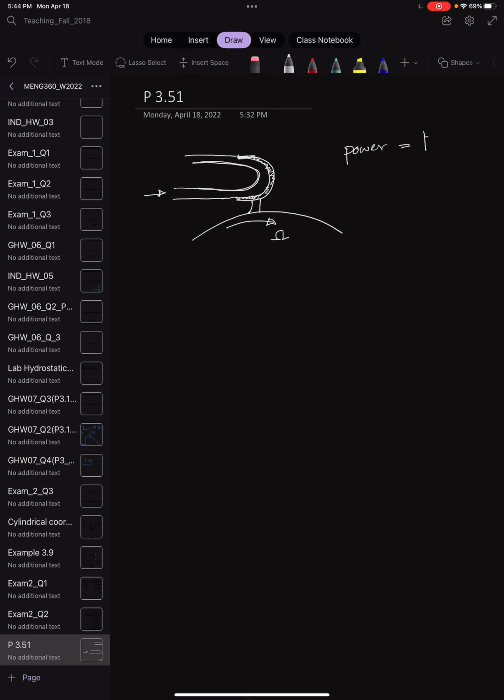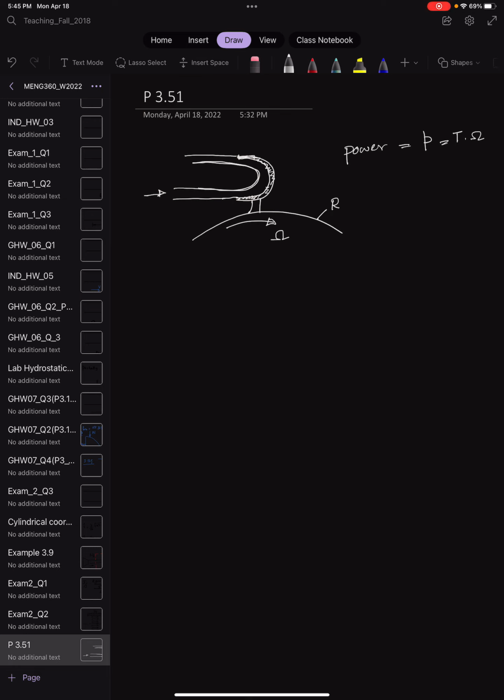Let's take power as P. The radius is given as r, so the power is equal to the torque T times omega.